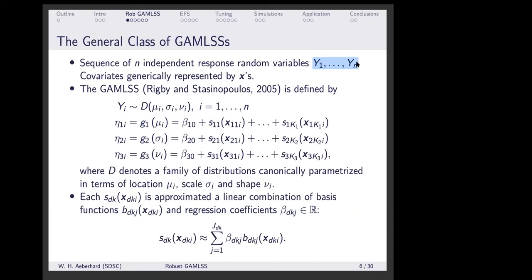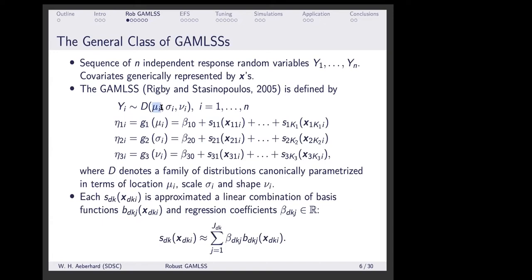But really the core of the GAMLSS is the distributional assumption we're making about each of these yi's. So we assume they come from a certain distribution, D, and in the canonical form, this distribution D depends on 3 parameters. Obviously, nothing is preventing you from going to more than 3 or less than 3. 3 is just the standard poster child of the GAMLSS, if you will.